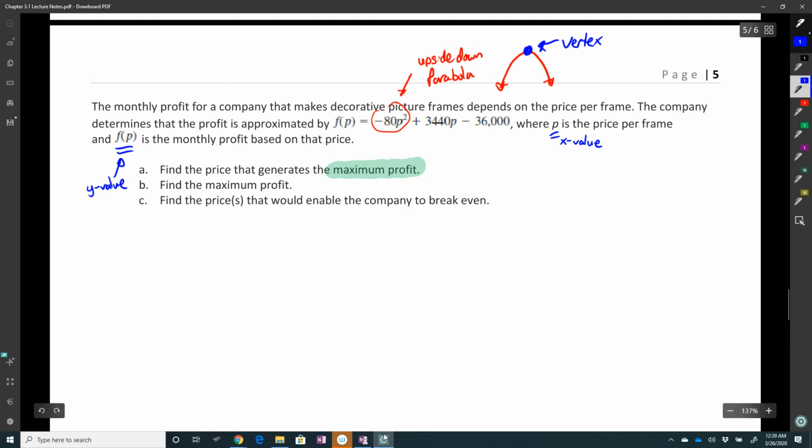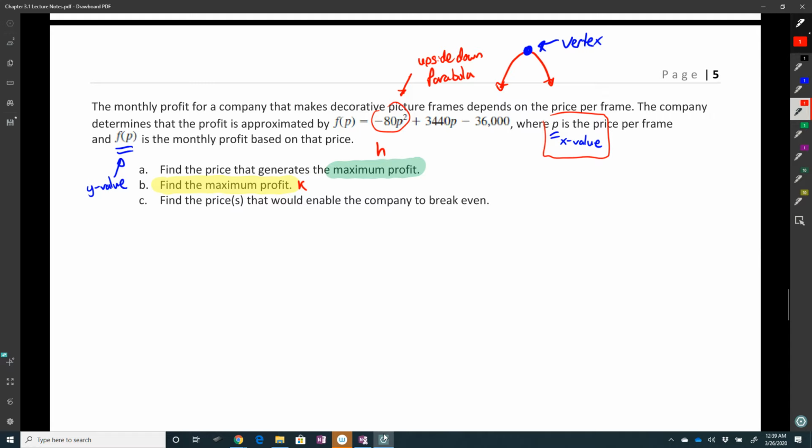Okay? And then they say find the maximum profit. So the price, notice that price is the X value. So for A they want the X value of the vertex, so they want H. Whereas for B, they want K.